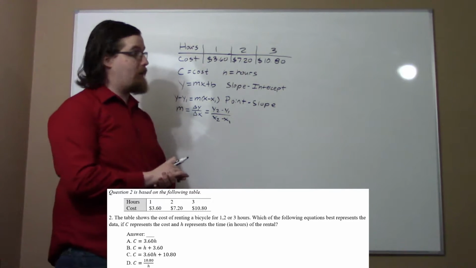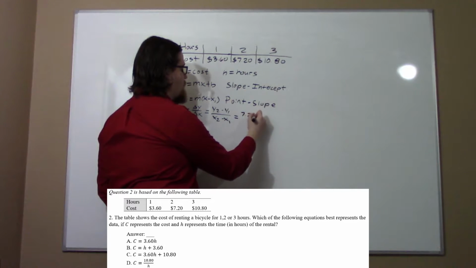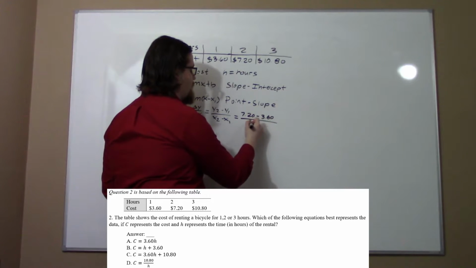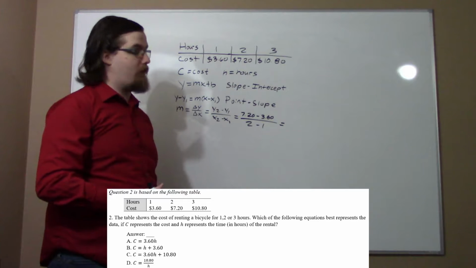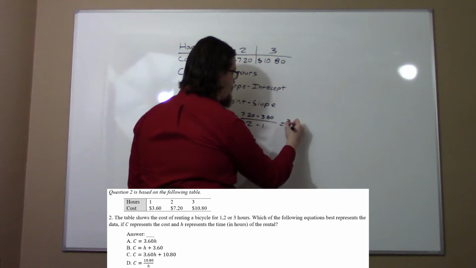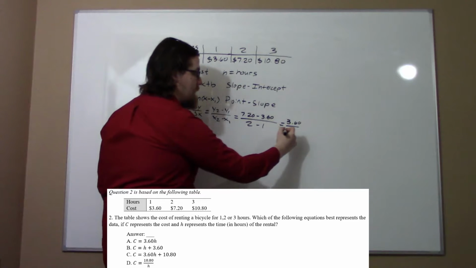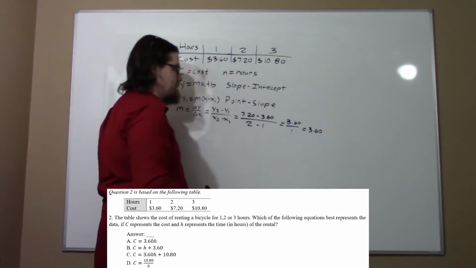If we plug those into our equation, we will find 7.2 minus 3.60 divided by 2 minus 1. We get 7.2 minus 3.6 comes out to 3.6, divided by 2 minus 1, which is 1, which leaves us with a slope of 3.60.